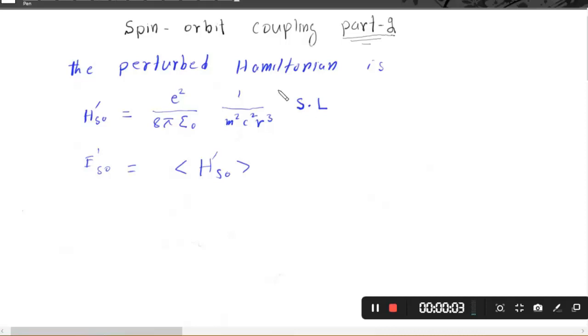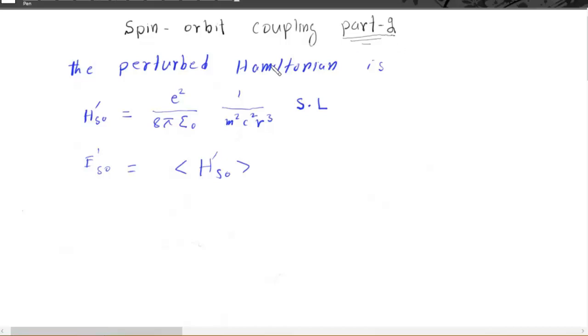Hello students, in this video we will discuss the remaining part of the spin orbit coupling as part 2, and we already found this perturbation Hamiltonian for the spin orbit coupling.